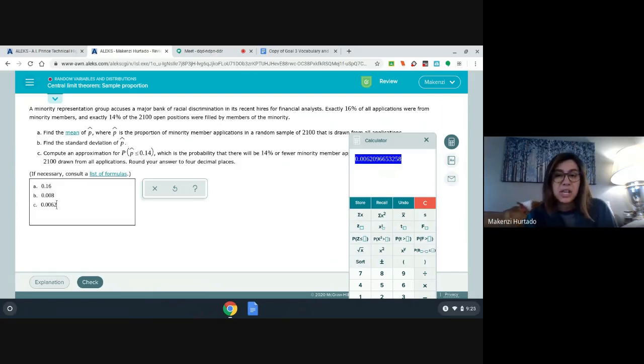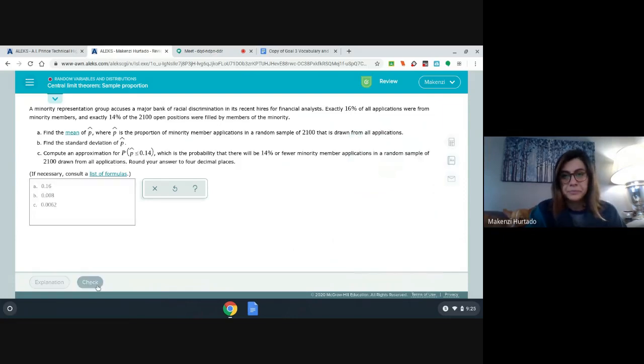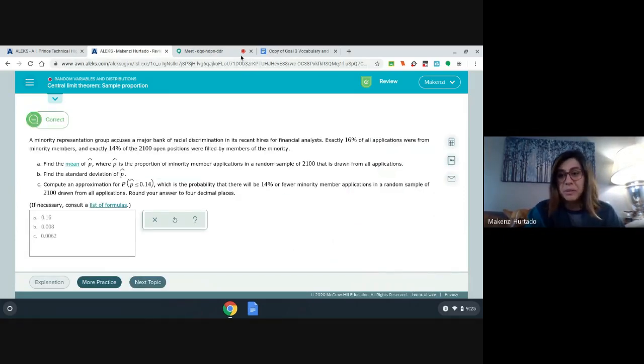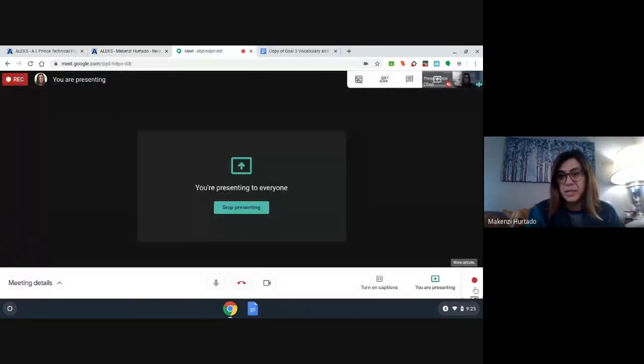But really, the chance of so few people filling the positions is, if we move the decimal point, 1, 2, it is 0.6% chance that something like that would happen. A 0.6% chance shows that it's not really likely that only 14% of people would fill that position. So it's a good example that that is probably true, that there was racial discrimination in that case.